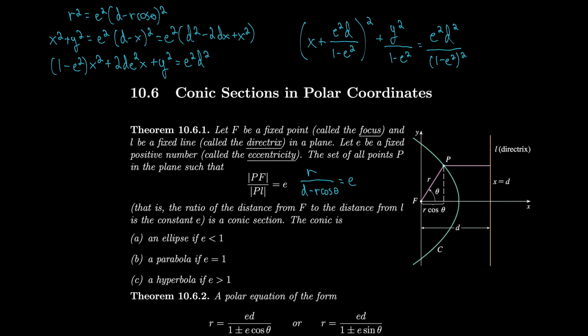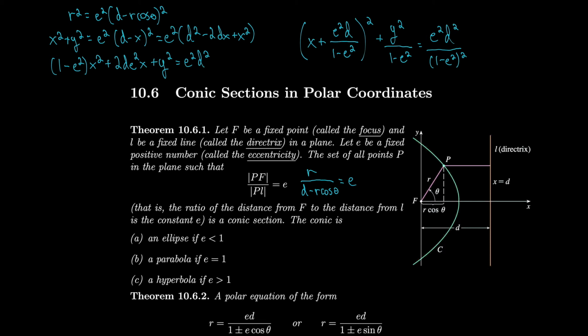Notice all we did was divide by 1 minus e squared, and then we have to add half of this middle term squared to both sides, so that means we add d e squared over 1 minus e squared, squared to both sides, and when we do that, e squared d squared becomes e squared d squared over 1 minus e squared squared when we find a common denominator there.